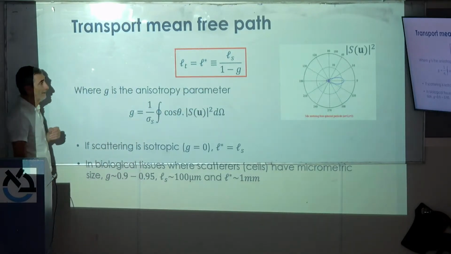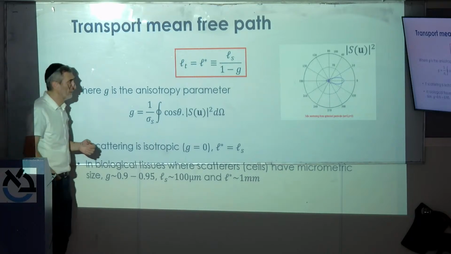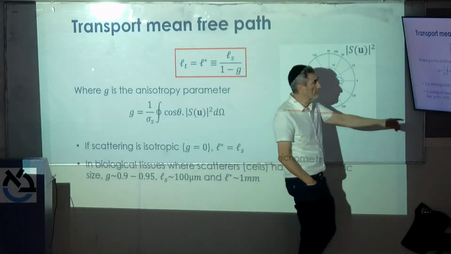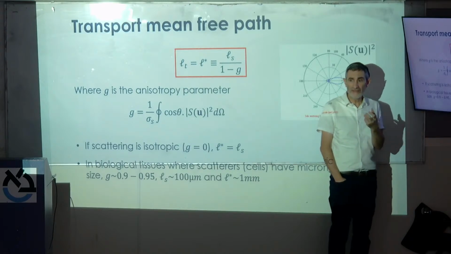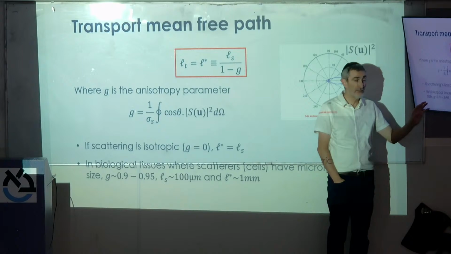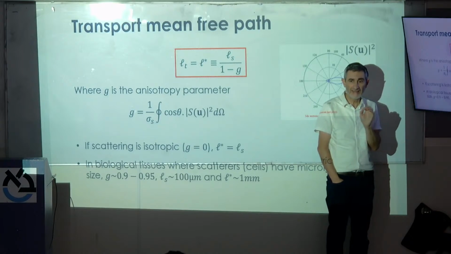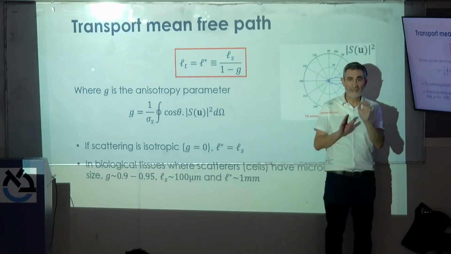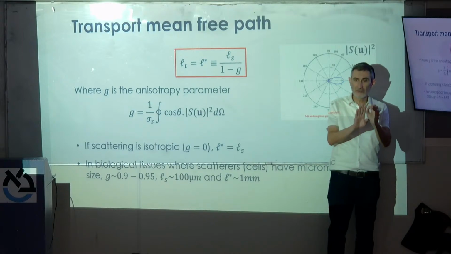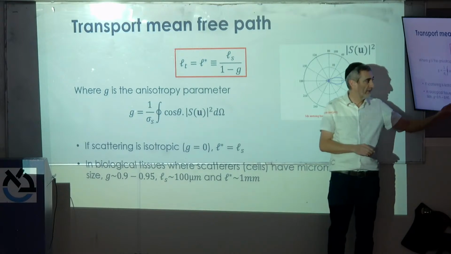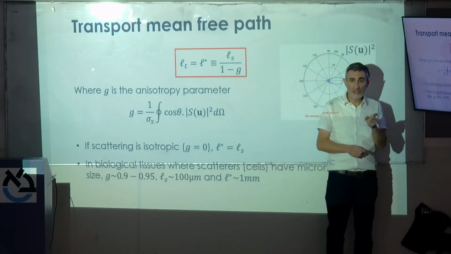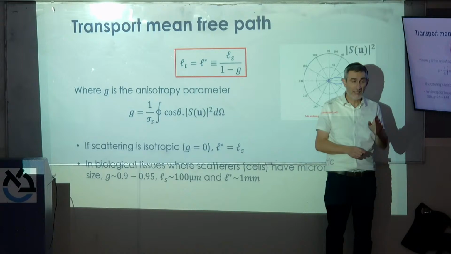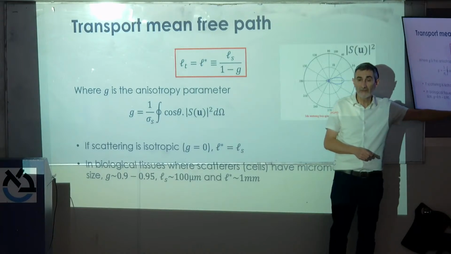The scattering mean free path can be 100 microns. The ballistic light, the light which is still coherent with the incident wave, is lost after 100 microns. But the direction of the incident light is lost only after 1 millimeter.